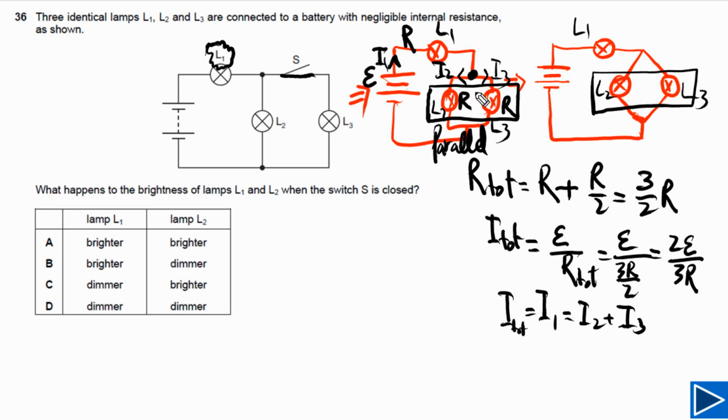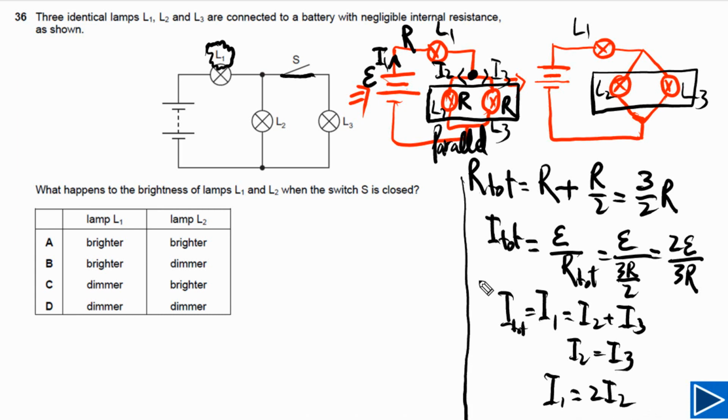As these two lamps have the same resistance, I2 is equal to I3, so I1 is equal to 2 times I2. These are the main points we need to understand, and then we can calculate the power of lamp 1 and of lamp 2.